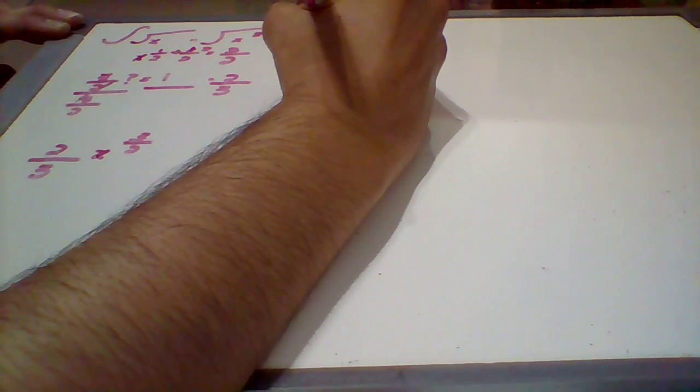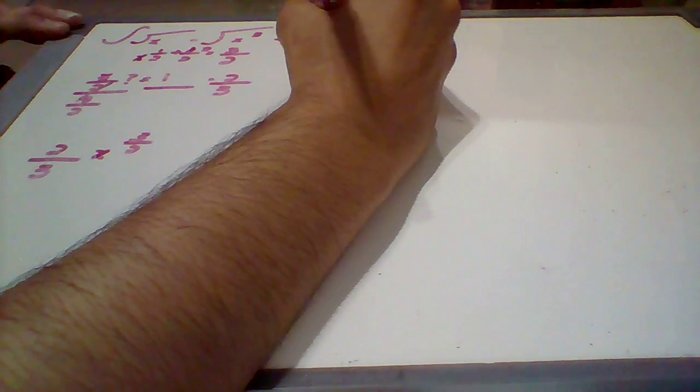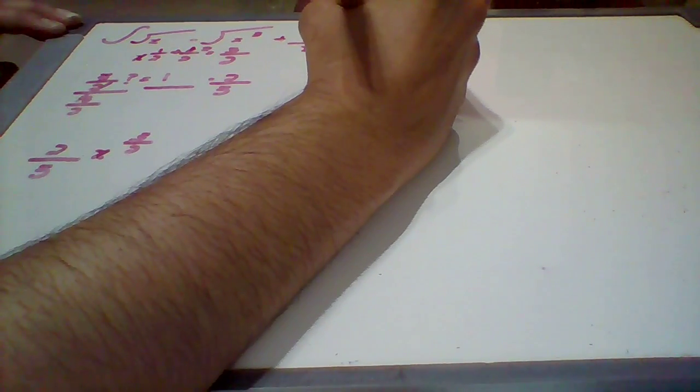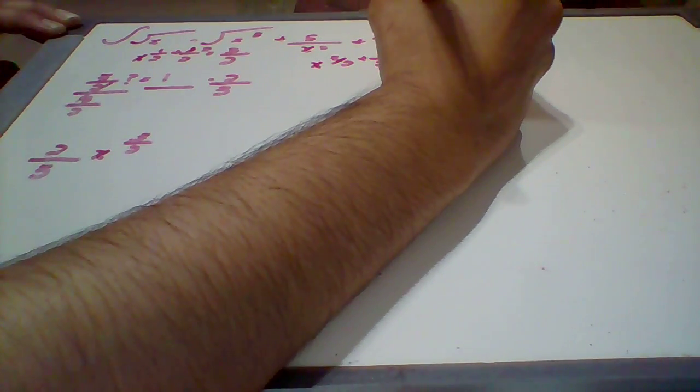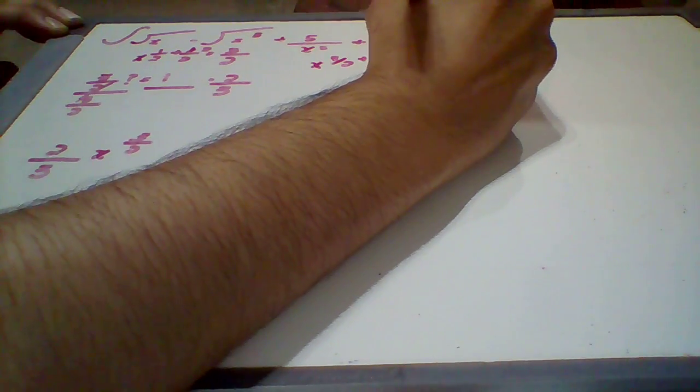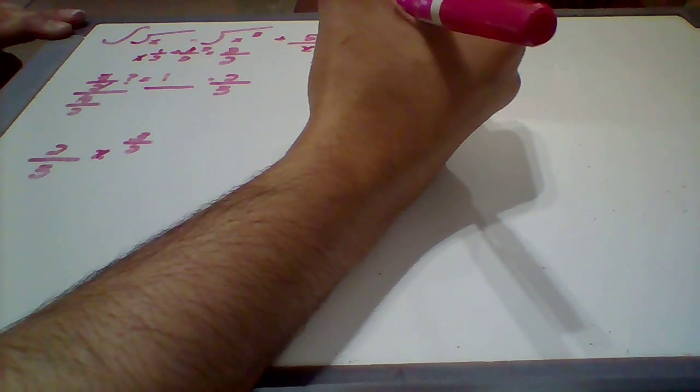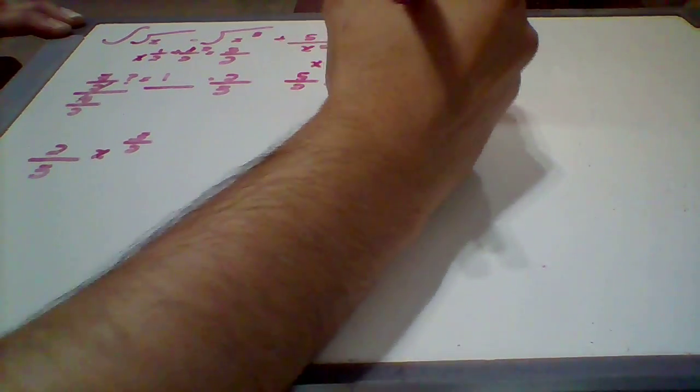And then for the next term, it's x to the 3 halves. And so for this, I would add 1 to it over 2. So then that would turn into a 2. So that would turn into 5 halves. And then I do the same sort of process. I do an equation with it. So it would be 5 halves times what would get me 1.